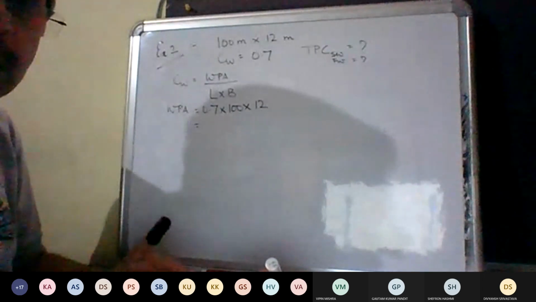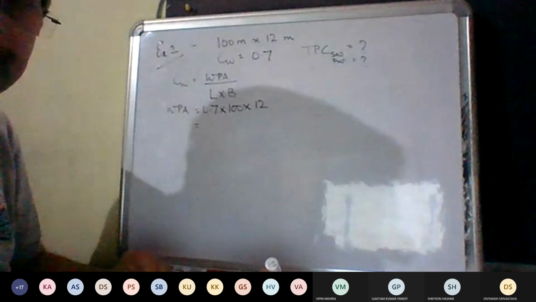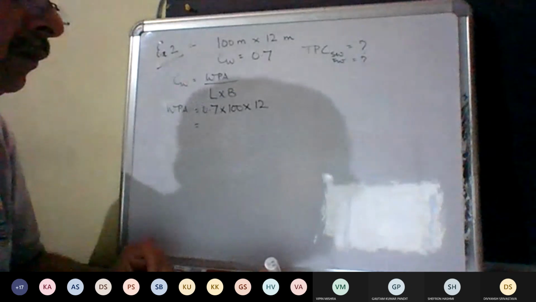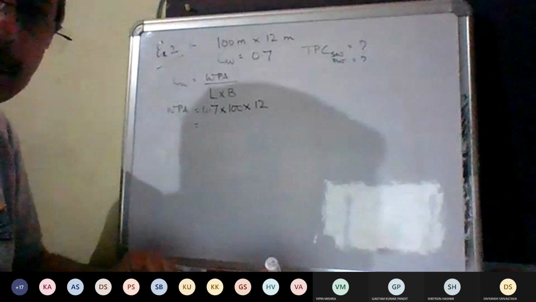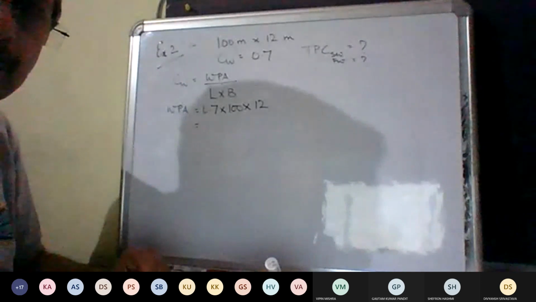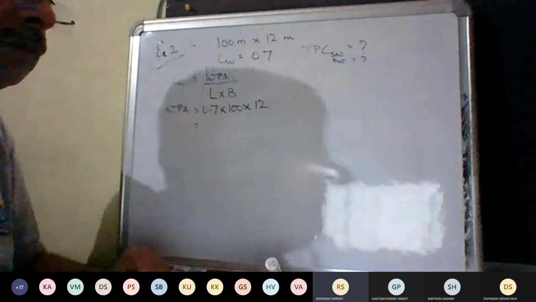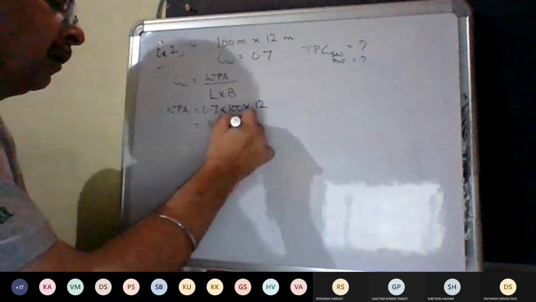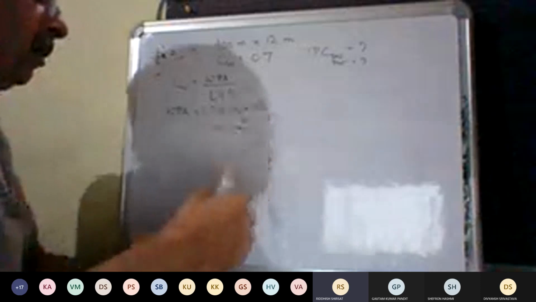You can find out how much it comes to: 840 meters square.